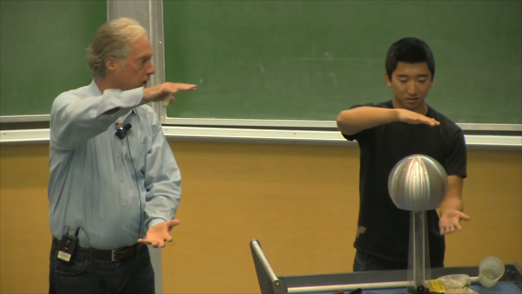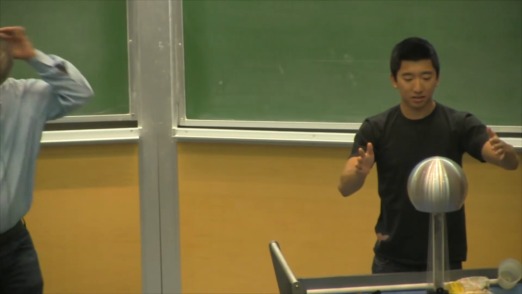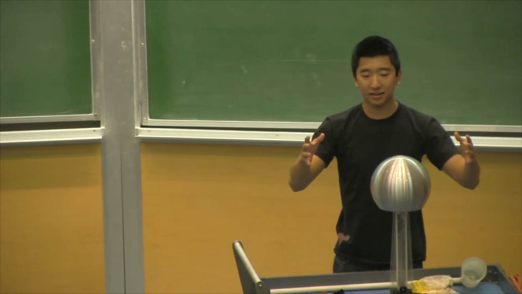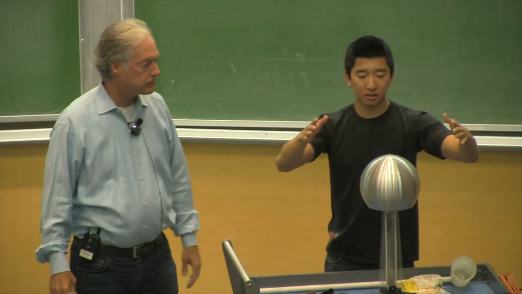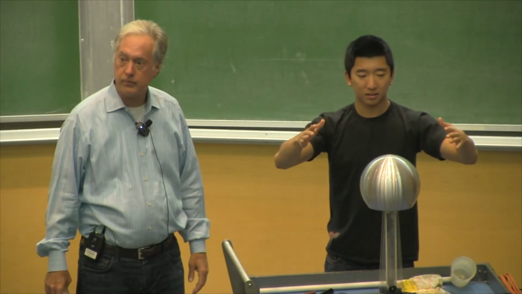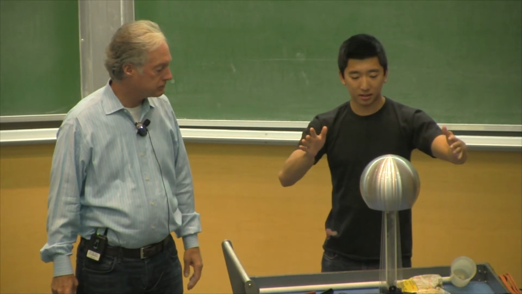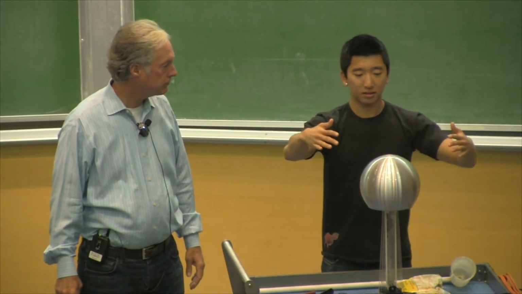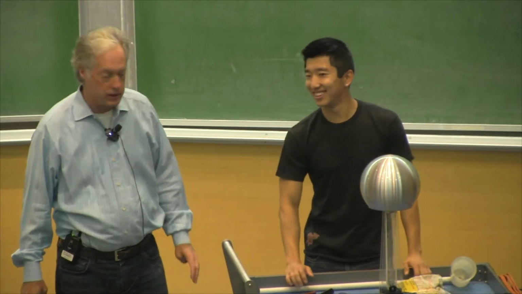Go up above 2. How does it feel? It feels like there's a lot of static in a very uniform area around the sphere. It's like a static ball. A static ball. Okay.